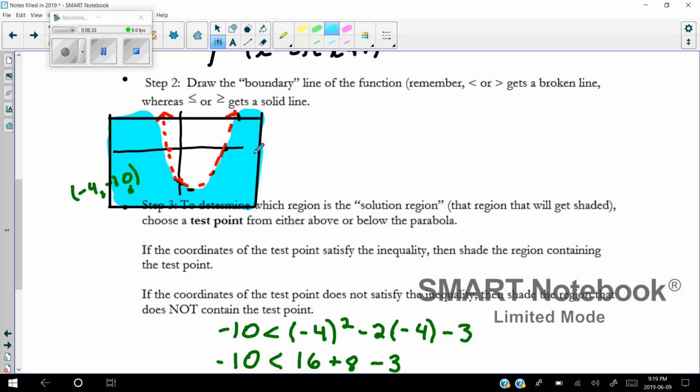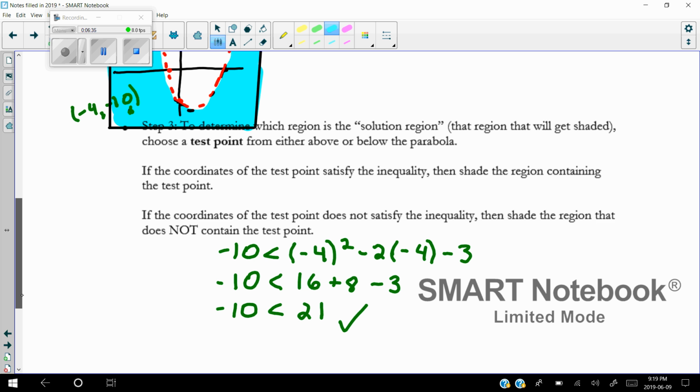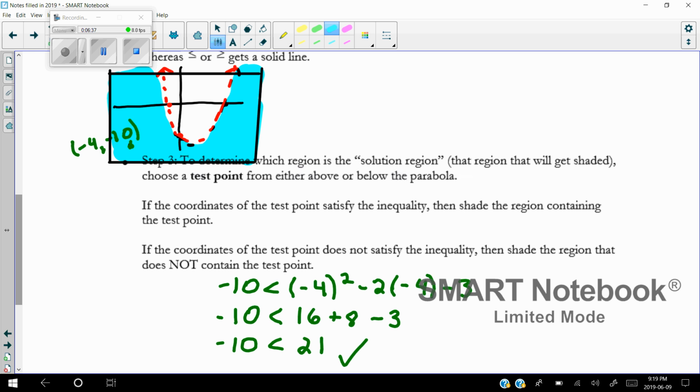Pretty straightforward. We graph the line, use either a dotted or solid line depending on the kind of inequality, then pick a test point and shade in the region. Let's do another example on the next page.